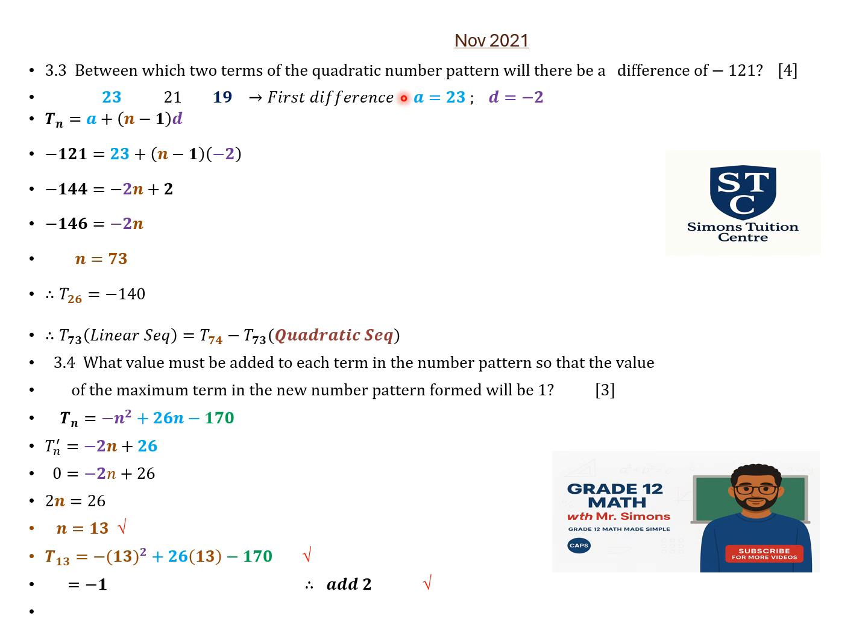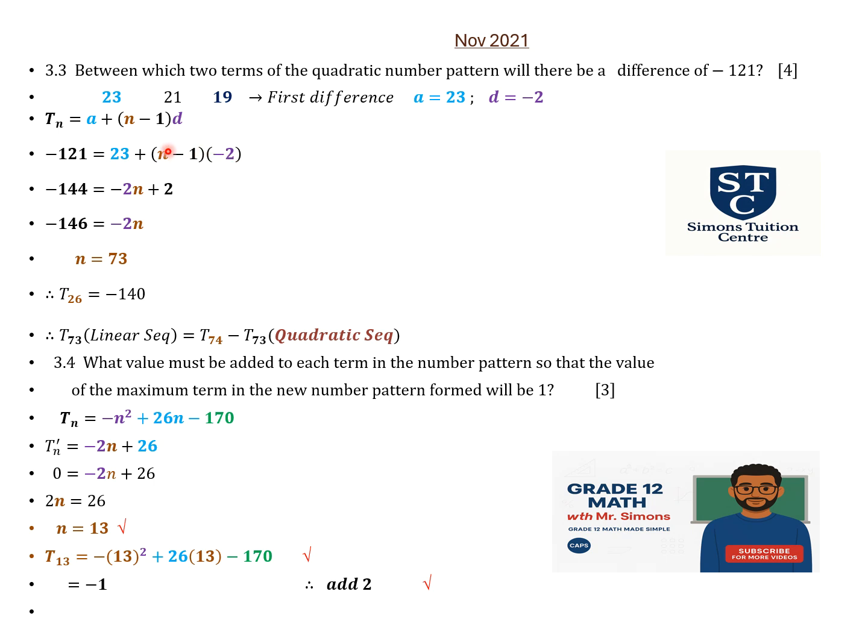Between which two terms of the quadratic number pattern will there be a difference of minus 121? The first differences we worked out were 23, 21, and 19, meaning a equals 23 and t equals negative 2. So Tn equals a plus (n minus 1) times t. My Tn is negative 121, a is 23, t is negative 2.